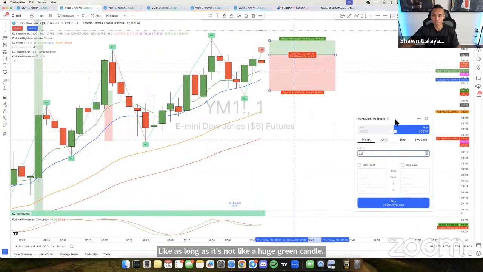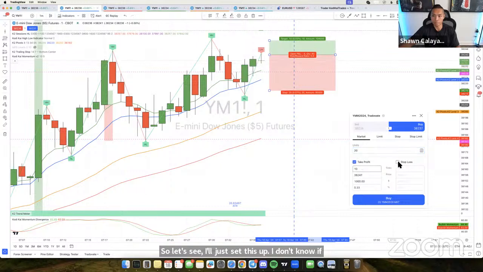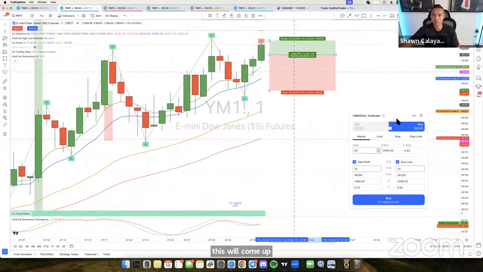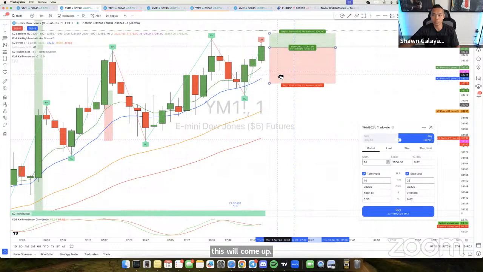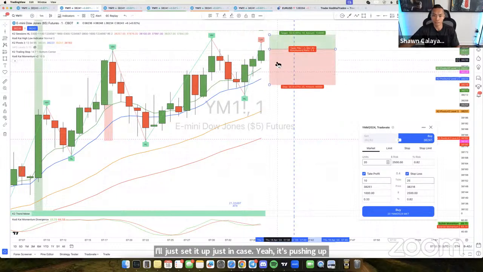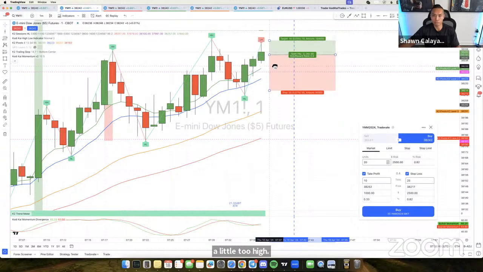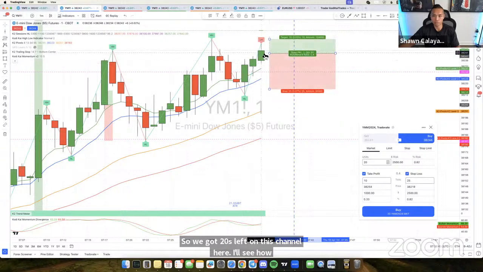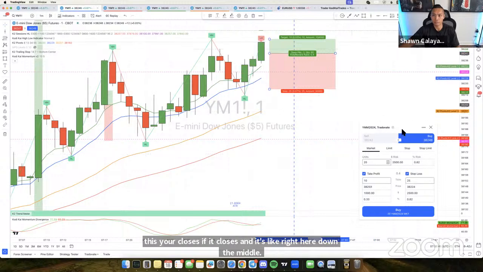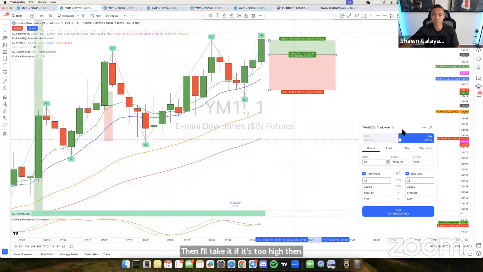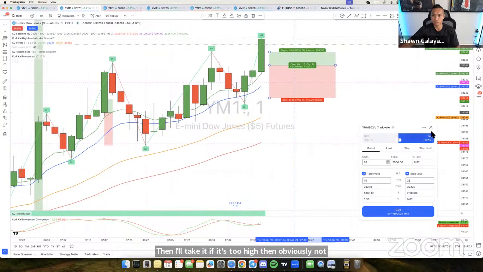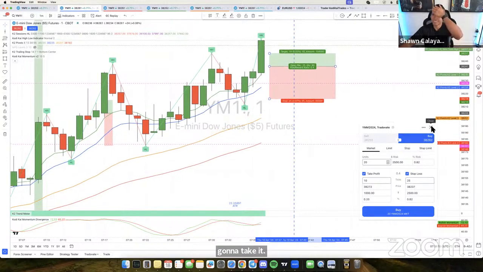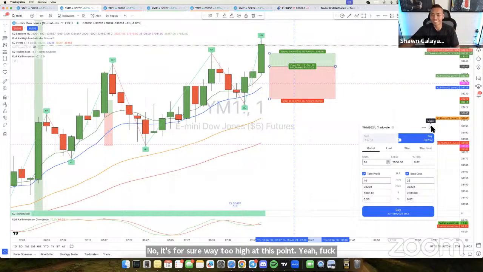I'll just set this up just in case. Yeah, it's pushing up a little too high. We got 20 seconds left on this candle. I'll see how it closes. If it closes right down the middle, then I'll take it. If it's too high, then obviously I'm not going to take it. Nah, it's for sure way too high at this point. Yep, no entry there.